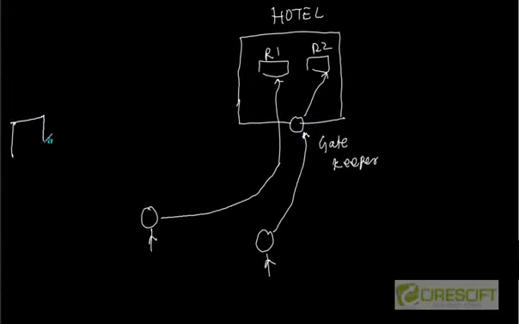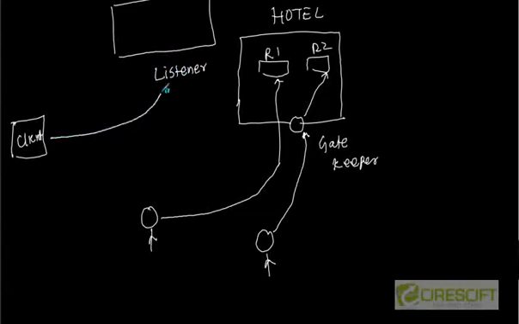Whenever we have a client request, or when the client connects to a database server, there is a gatekeeper, and that gatekeeper's name is listener. Every client should go to the listener, and then the listener creates a receptionist, which in database language is called a dedicated server.